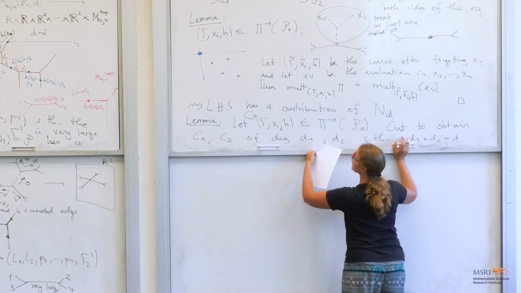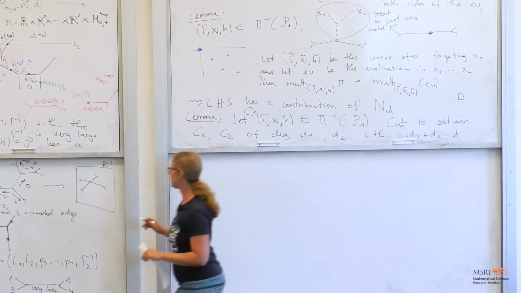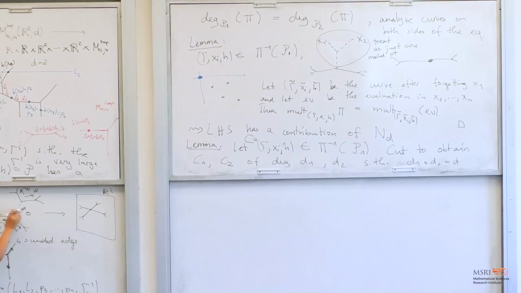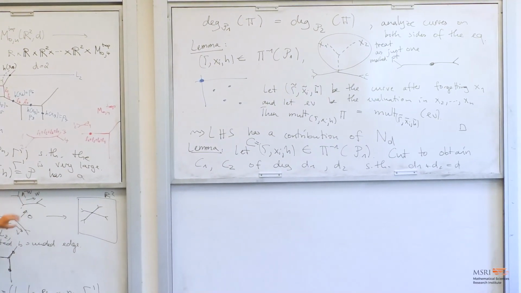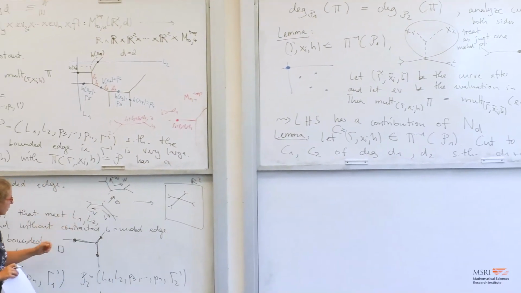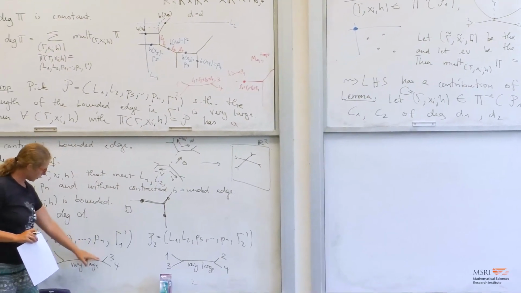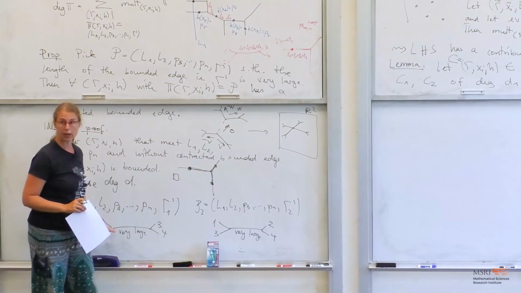Well, they happen because we cut off this contracted bounded edge here, and separate those two things. And this contracted bounded edge had this very large length, which produced the image with a very large length.